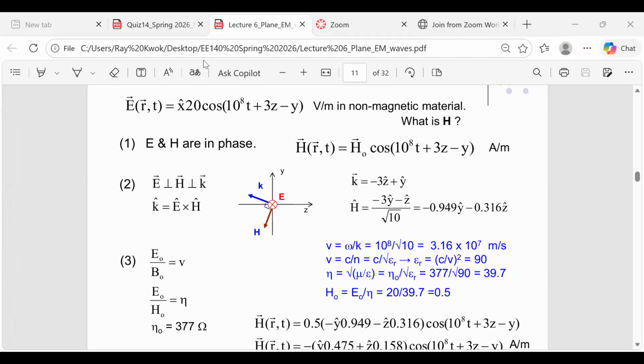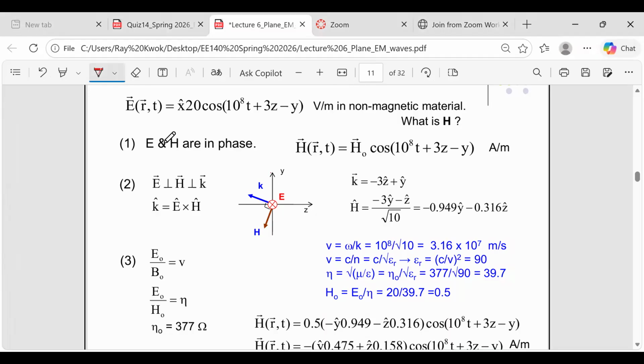Okay, so let's look at this example. Now I'll give you an E field, non-magnetic material. I want you to find H, right? So it's non-magnetic always. Find H. First of all, I'm going to use the three rules.